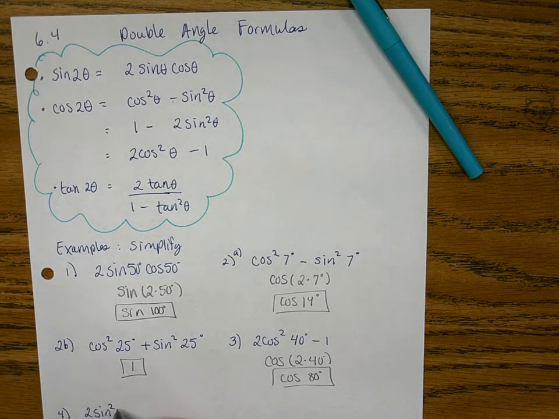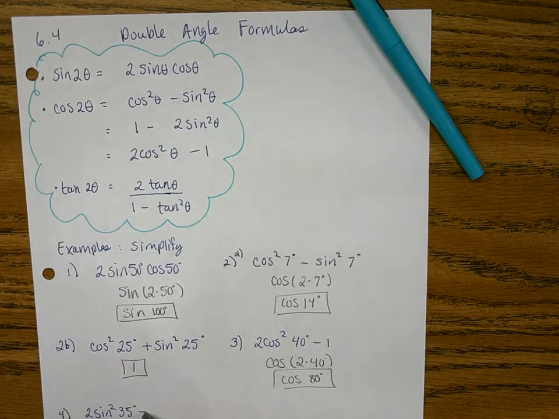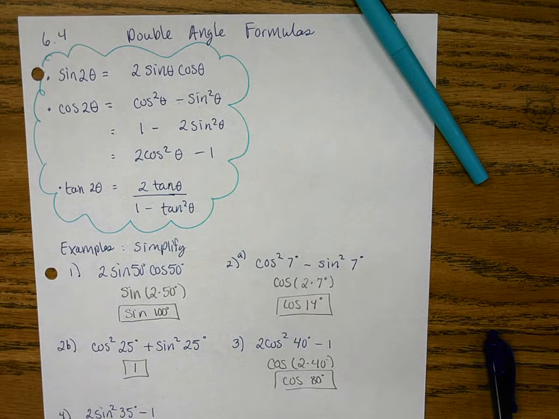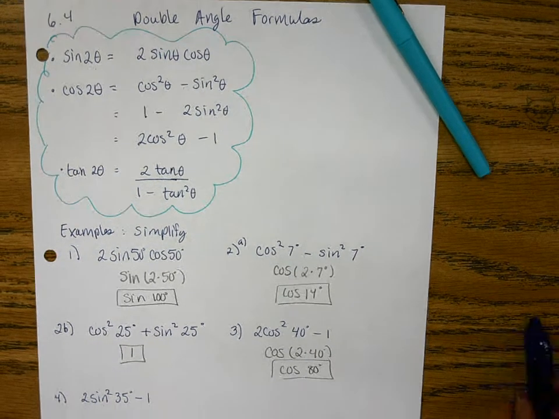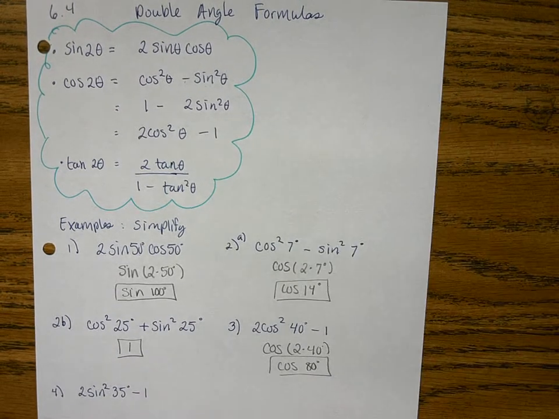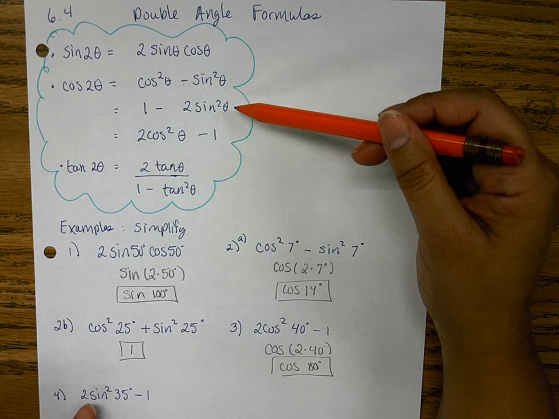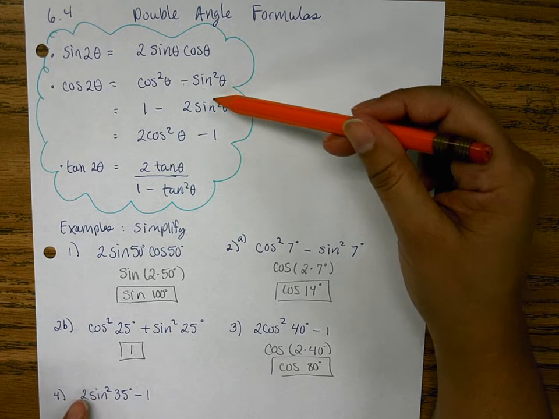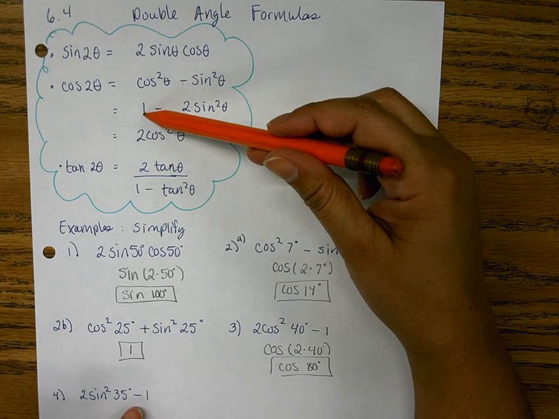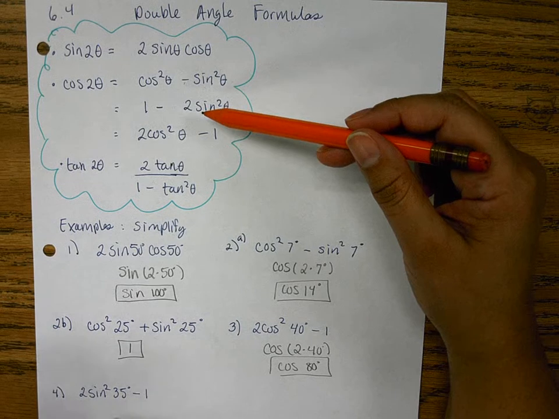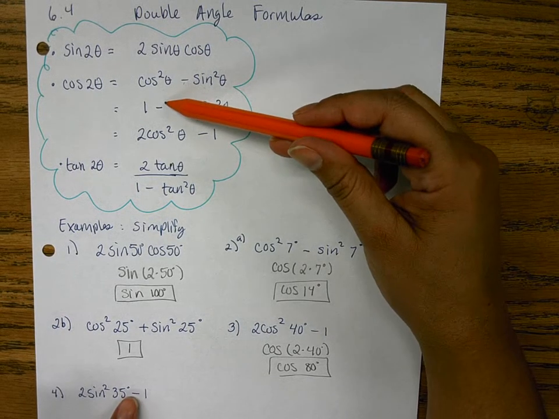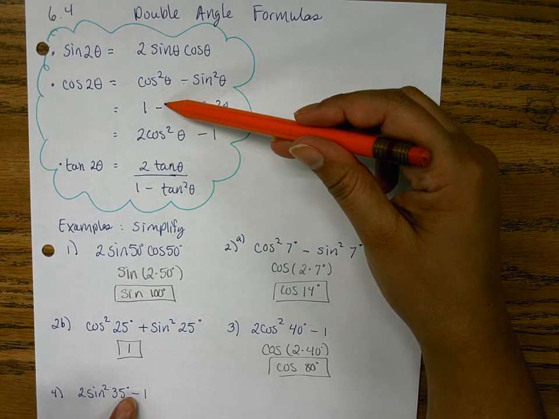Okay, number 4. 2 sine squared 35 degrees minus 1. Okay, so this one is also not a Pythagorean identity. It's one of these here. It looks closest to this one. There's the 2 sine squared theta. There's the 1. The only thing is it's flipped, and it's not flipped on a positive sign. It's flipped on a negative sign.